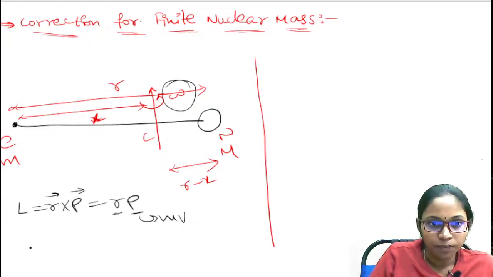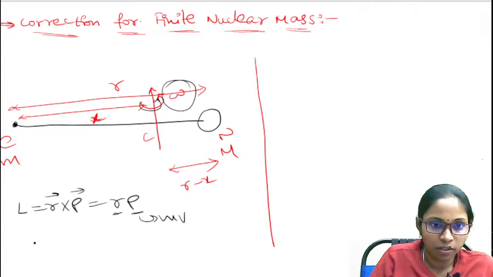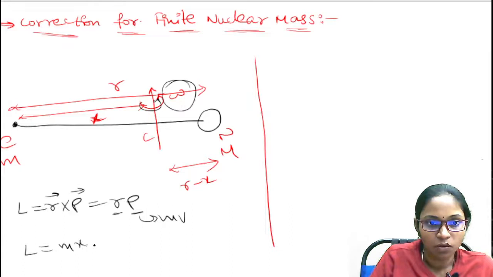Here we have angular momentum. So the angular momentum for the electron, as the electron is moving about the center of mass, is equal to mass into the distance from the center of mass.